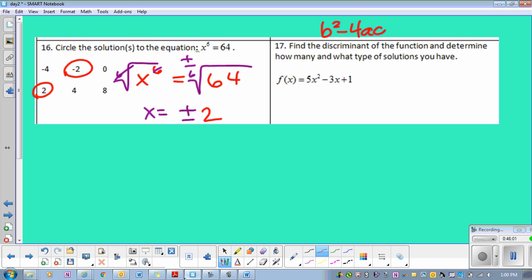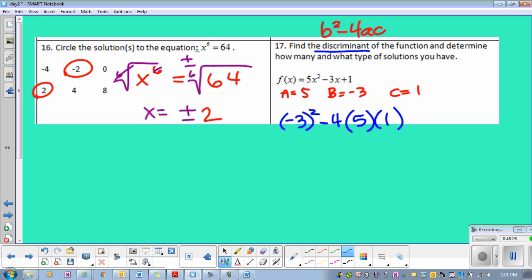You got to make sure you make it equal to 0, all right? So a equals 5, b equals -3, c equals 1. Do you want us to only do that part or the whole entire thing? They only said find the discriminant. Okay, so b squared minus 4ac.